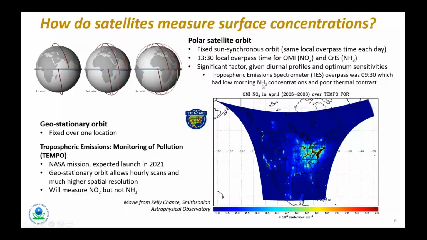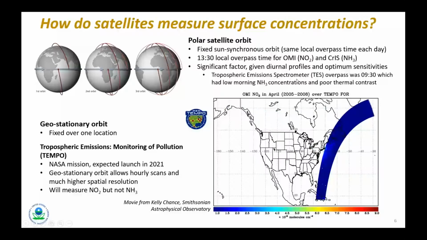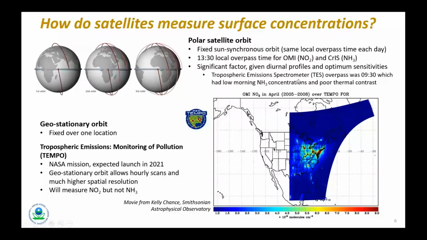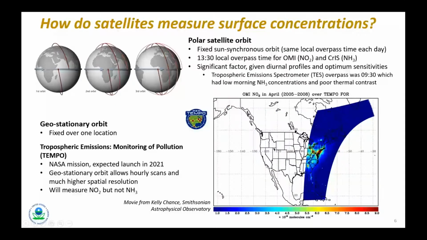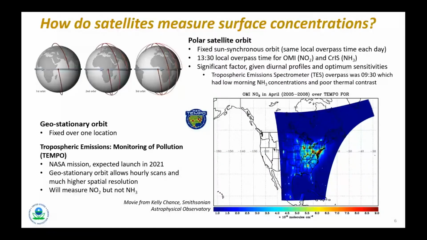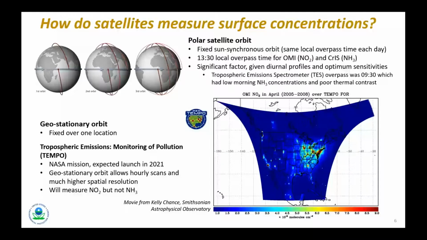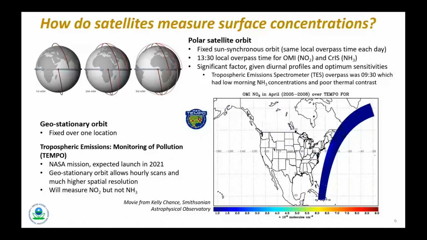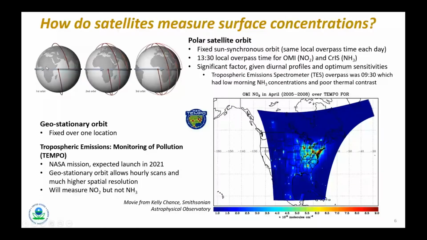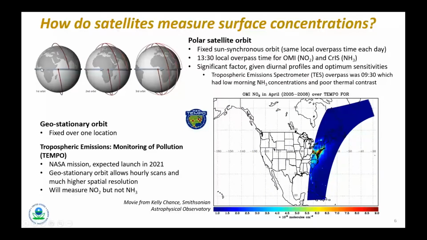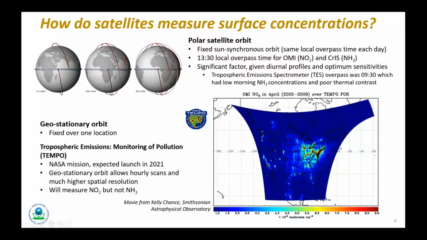ammonia. The TES spectrometer, which is an earlier ammonia monitoring instrument, had an overpass at 9:30 with low morning ammonia concentrations and poor thermal contrast, so it had not as good sensitivity. And then the next alternative is this geostationary orbit. So this will be fixed over one location, let's just say Africa for this example, but it would then take scans, and this is what this movie is showing here.